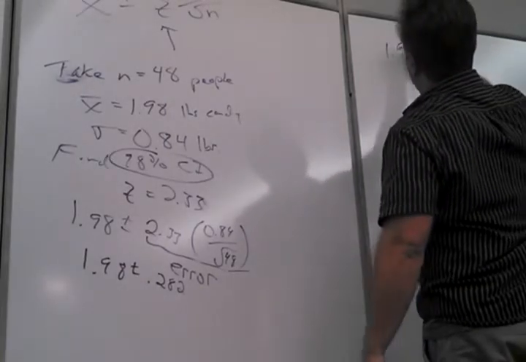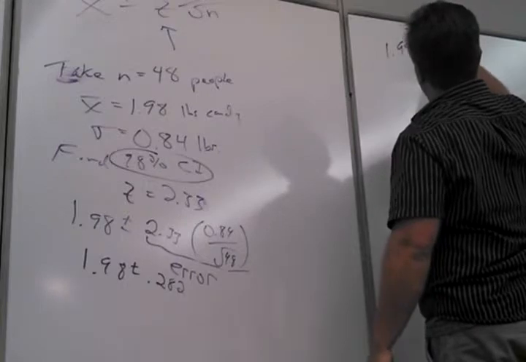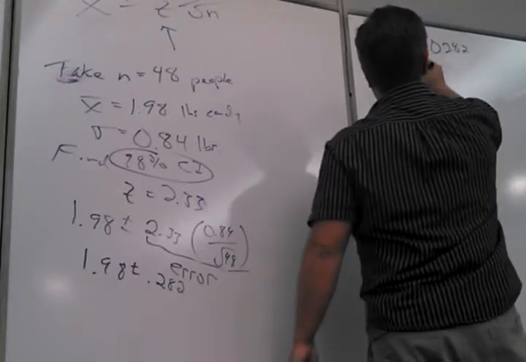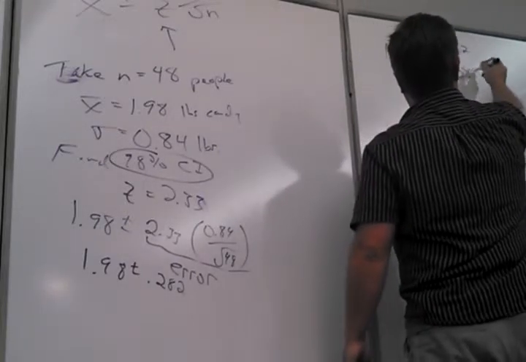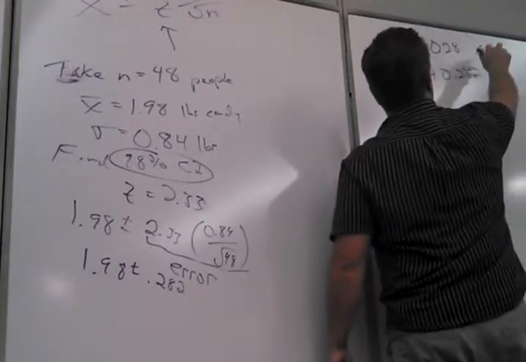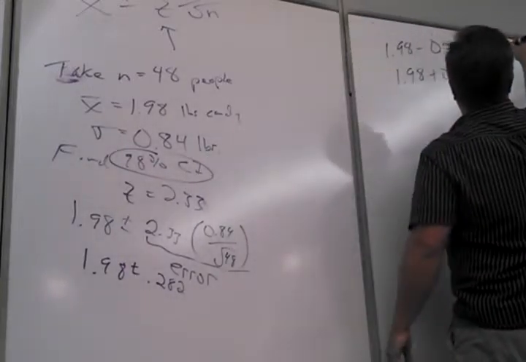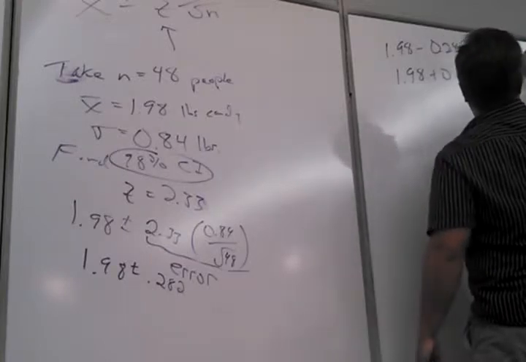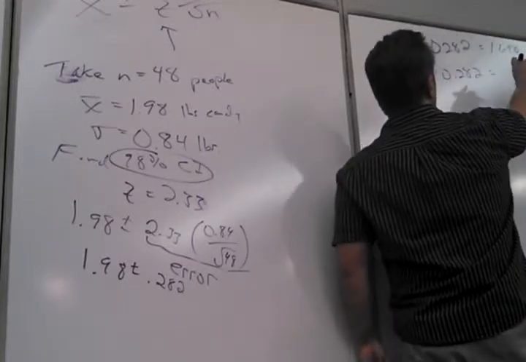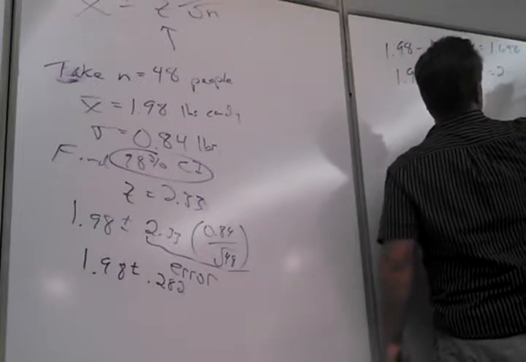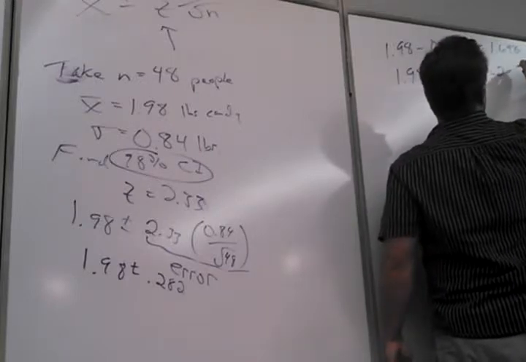So 1.98 minus this. You get 1.698 to 2.262.